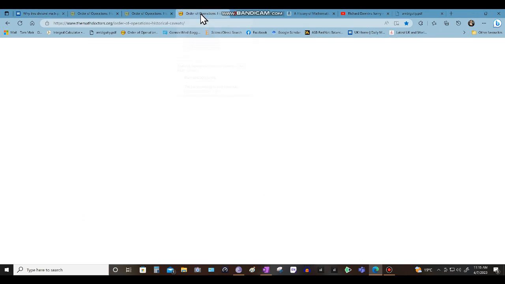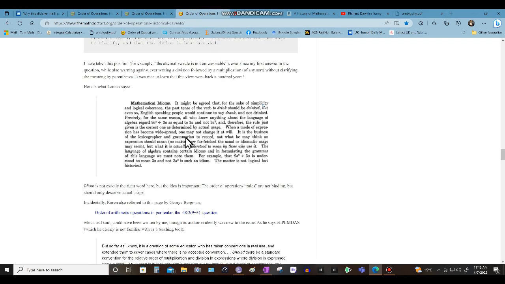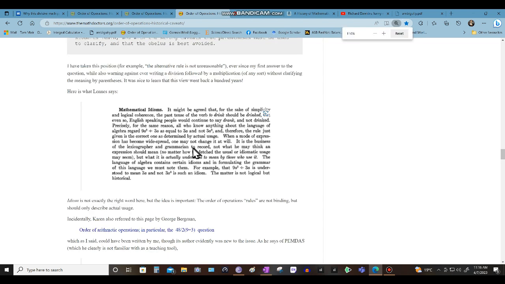So there's a thing here about mathematical idioms, which was written by a mathematician, again, about 100 years ago, Lenz. And he says here, if I can sort of expand it a bit, that if you take 9a squared divided by 3a, you would expect that to be 9a squared divided by all of 3a, that is, and that you get an answer of 3a.